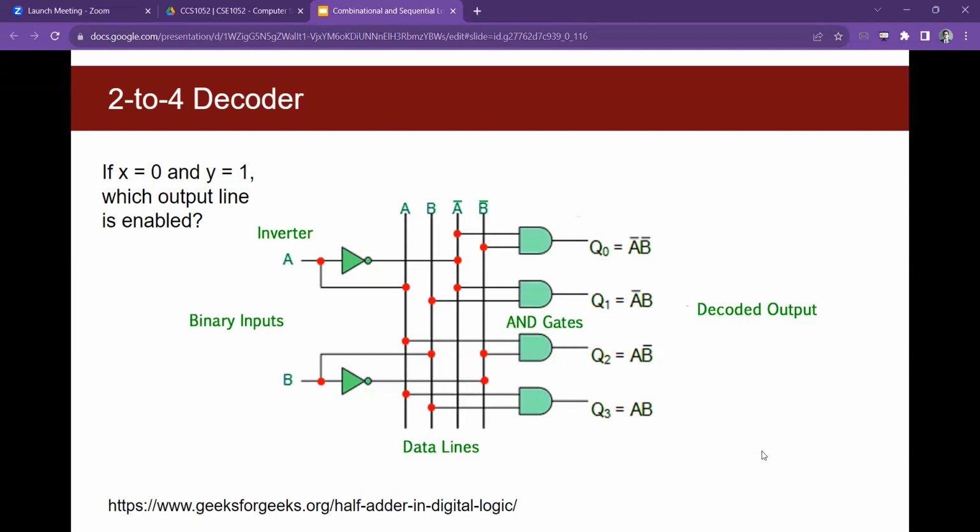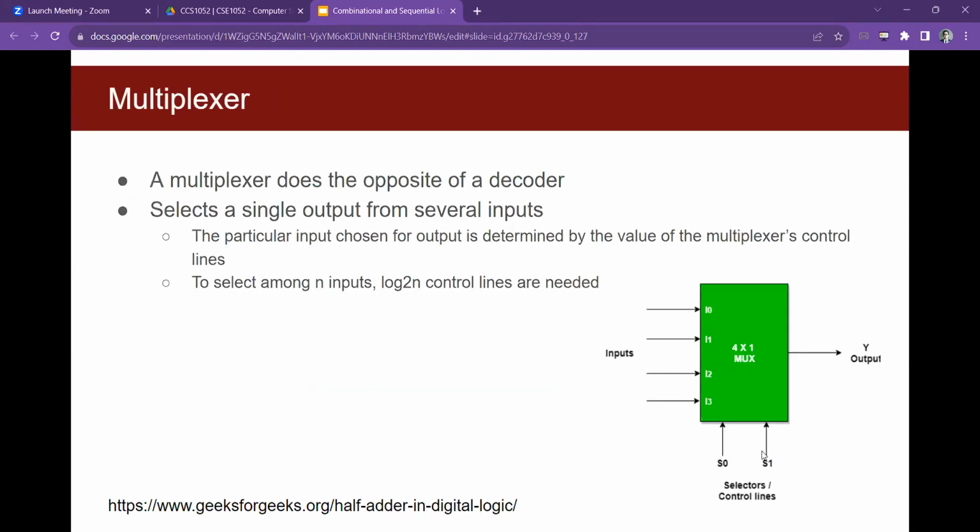Right? So it mentioned here. So the other thing is the multiplexer. The multiplexer has the same kind of thing, but the differentiation is if there are 4 inputs, there will be only one output, right?